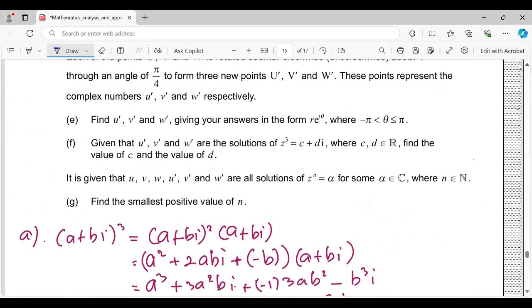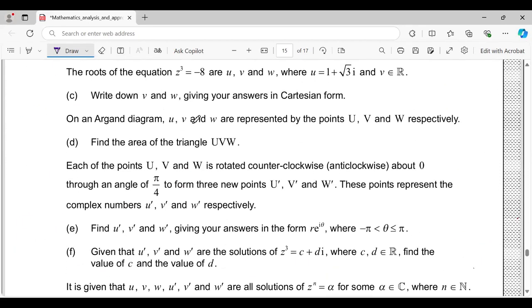What else? Already found the area. Each of the points U, V, and W is rotated counterclockwise, or anticlockwise, about 0 through an angle of pi over 4. This is 45 degrees, okay, but in pi terms. To form three new points, U', V', and W'.